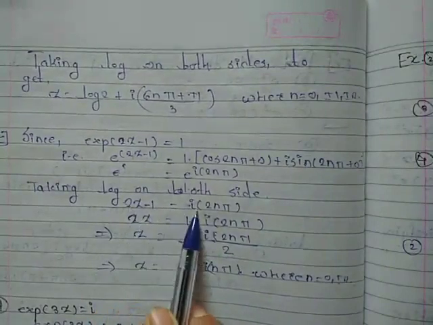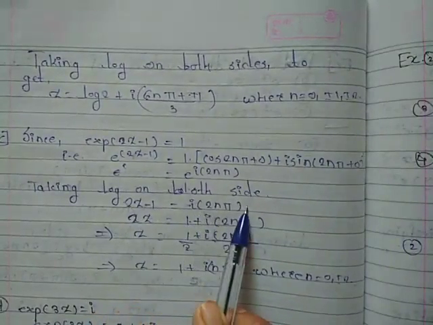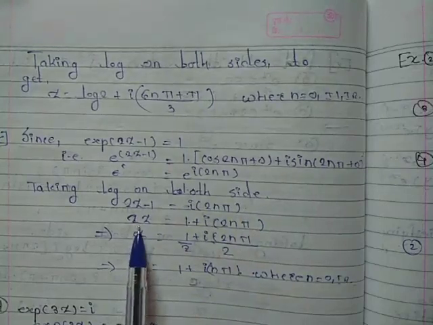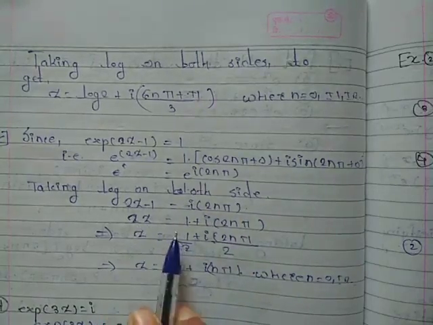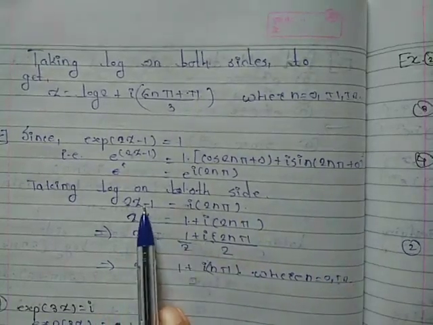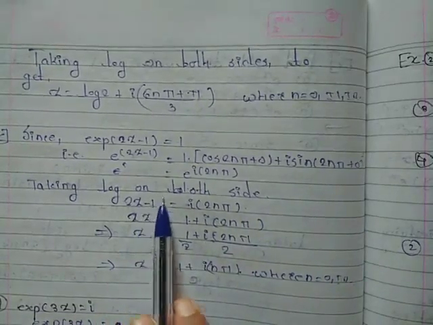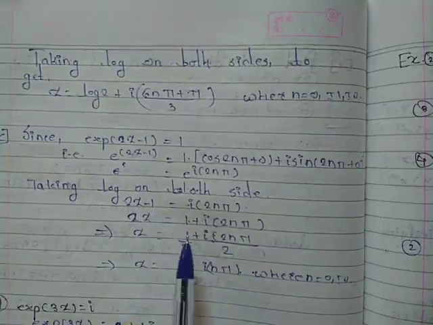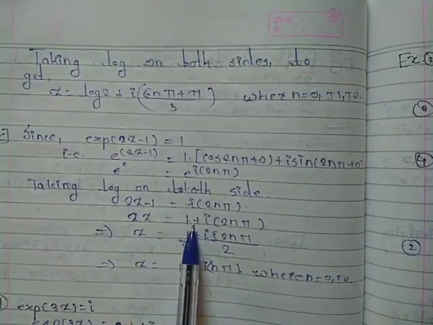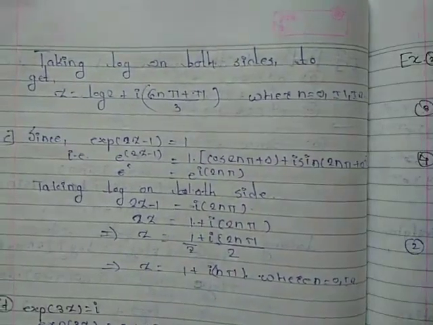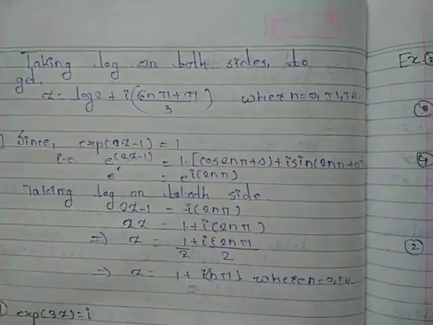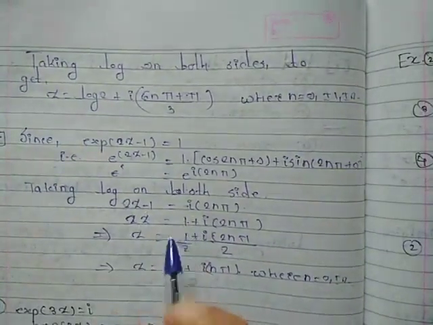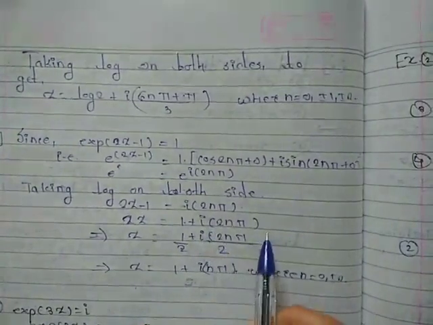Taking log on both sides, we get 2z minus 1 is equal to i 2nπ, which gives 2z is equal to 1 plus i into 2nπ, since the minus 1 on the LHS becomes plus on the RHS.